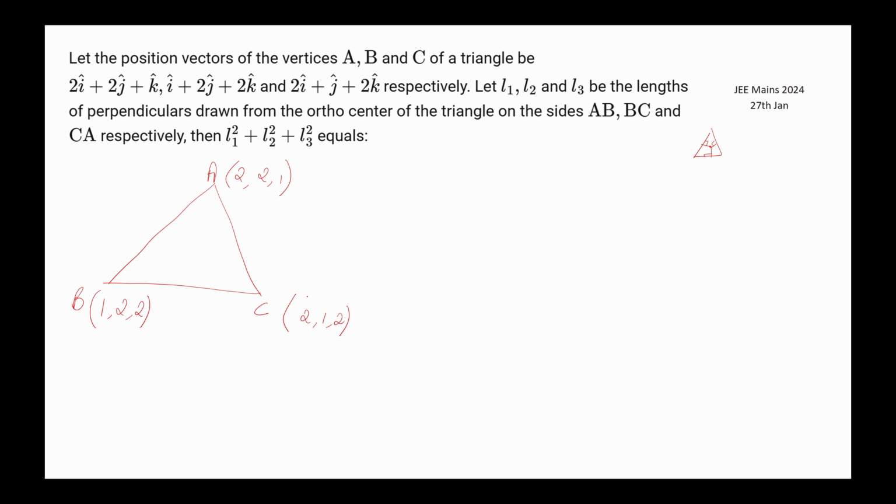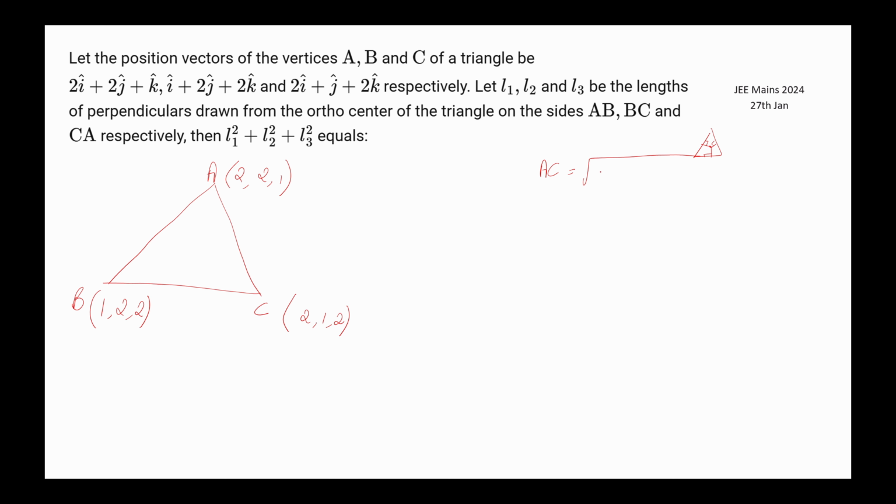By just looking at these points, I think you must have noticed that all three points have two 2's and one 1. That means this can be an equilateral triangle. So let us first find the distance between all three points. If the distances come out the same, that means it is an equilateral triangle. How can we find the distance? Using our distance formula. Let us find the distance of AC.